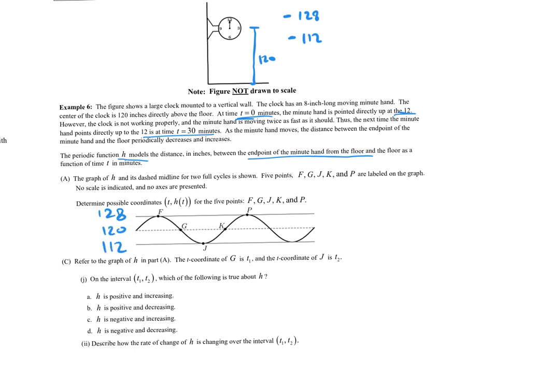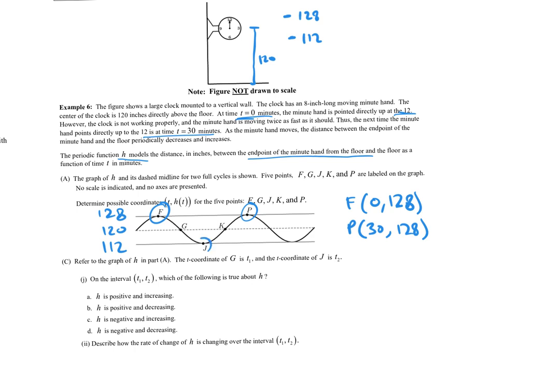120 is the midline. And I know that we're starting at t equals 0 at the top, so F could be 0, comma 128, and it returns to the top 30 seconds later, so P would also be a height of 128, but that would be time 30.